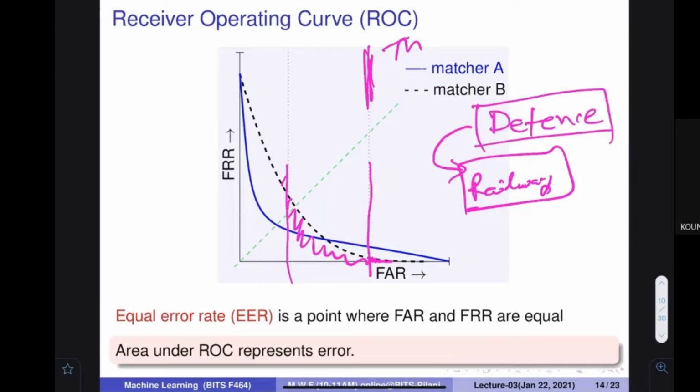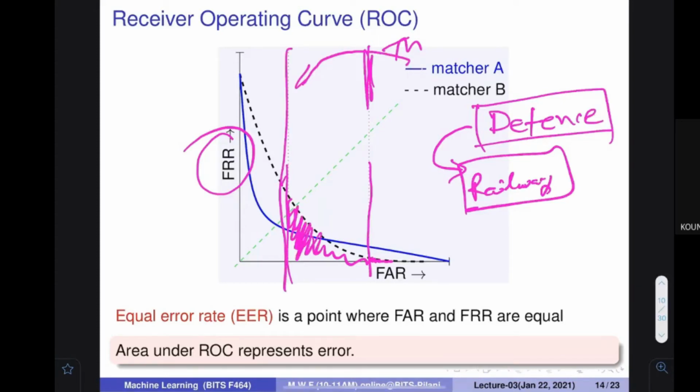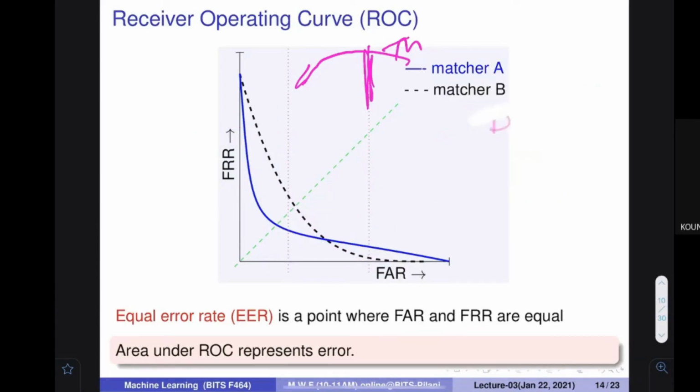In the defense system, if somebody is rejected, he can try again because you have time. But at the railway station, he doesn't have the time. So sometimes you can reduce this threshold and accept this particular thing. At the railway station, in places where relatively less security is required, you can reduce the threshold and get the system.